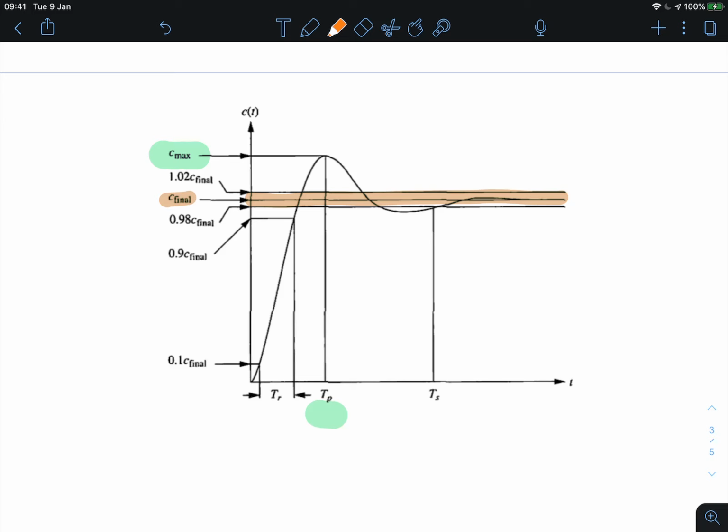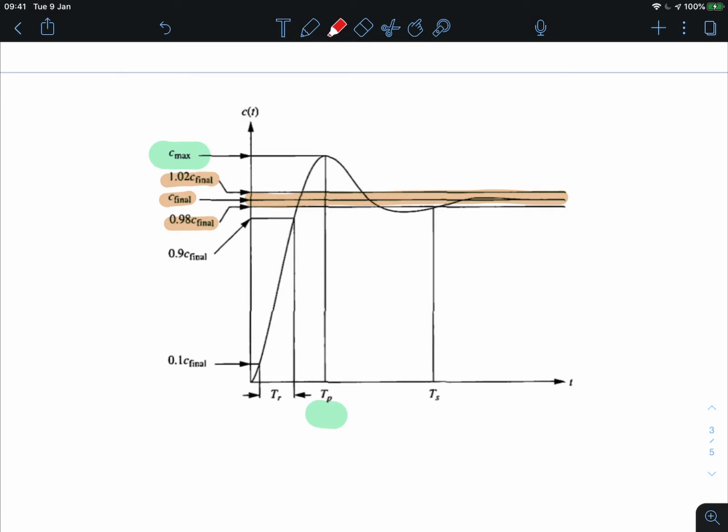C final is the steady state value, and around it, plus minus 2%, we have defined a band: if the response starts settling down within this band, then we say that the system has started reaching the steady state value.